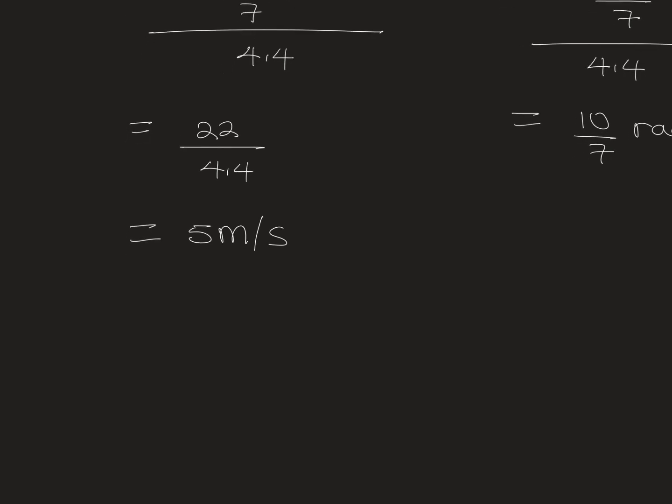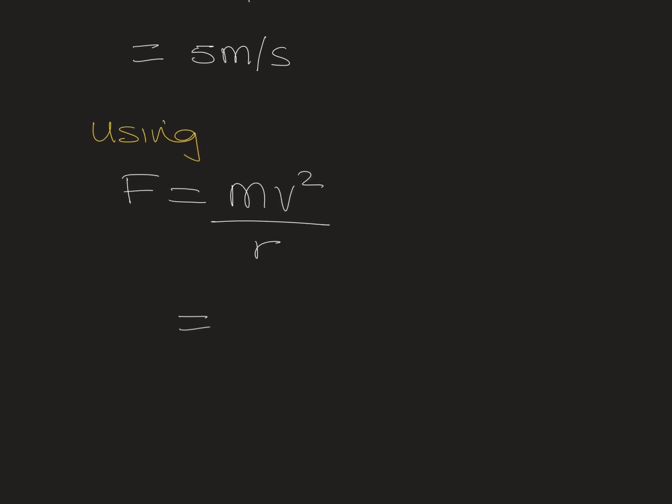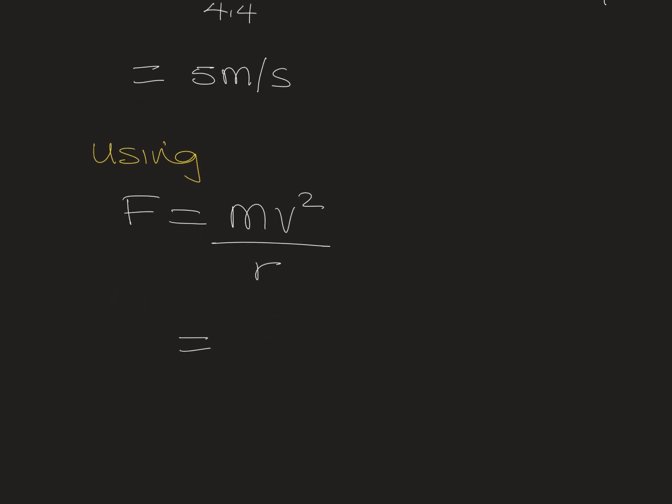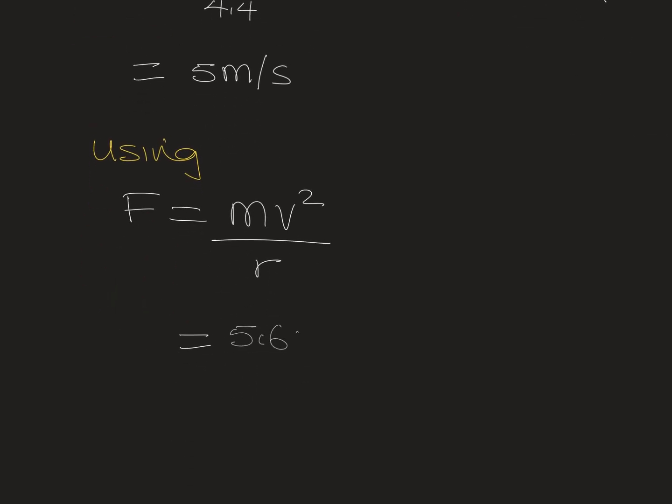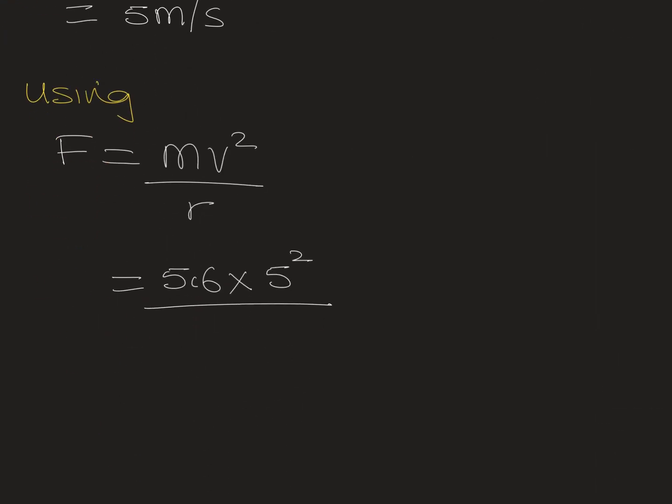Okay, using F is equal to mv squared divided by r, the mass of the object is 5.6 kilograms multiplied by the linear velocity, 5, squared, divided by the radius, 3.5 meters.